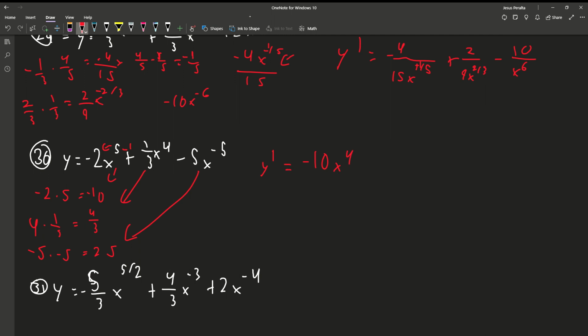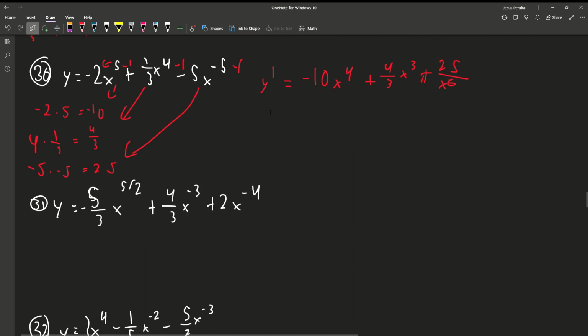X to the power of 4. Then plus 4 over 3. Subtract 1 from the x. That's x to the power of 3. And then we got 25 plus 25. But then the power is going to be subtracted by 1. And you're going to get x to the power of 6. Let me check that. Yep.